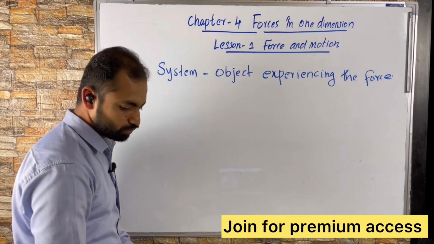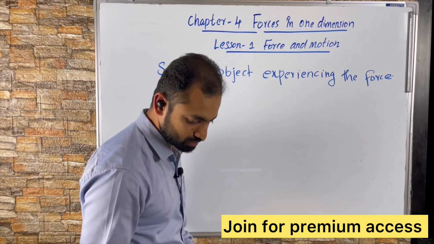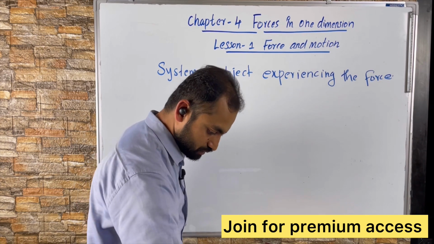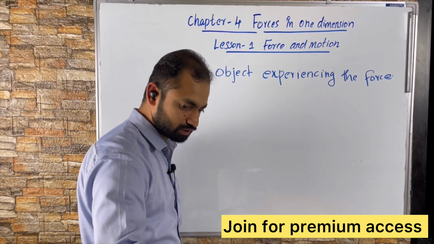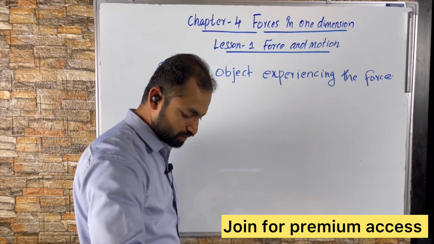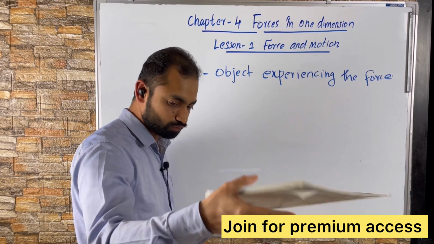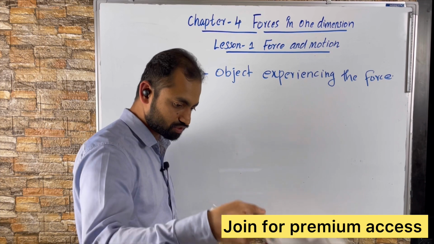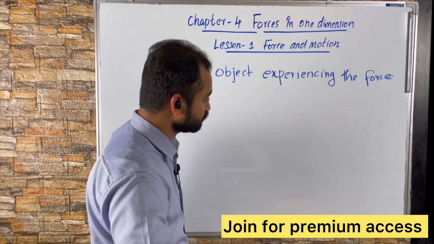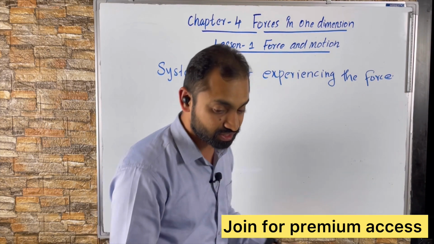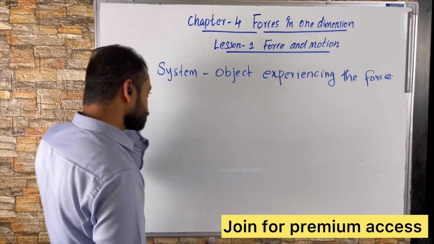For example, this is not a notebook, this is a textbook. You are taking this textbook like this. So which object is experiencing the force? When I am taking this textbook, the book is experiencing the force. So here the book is the system. The object which is experiencing the force is the system.